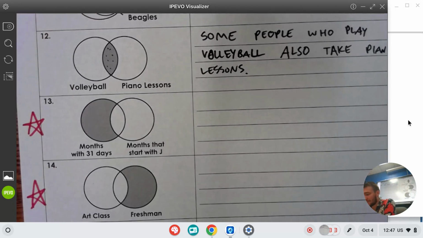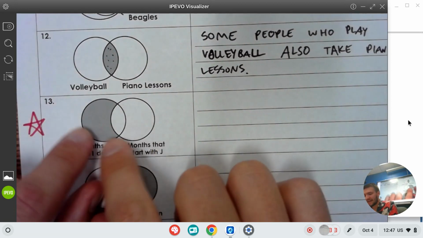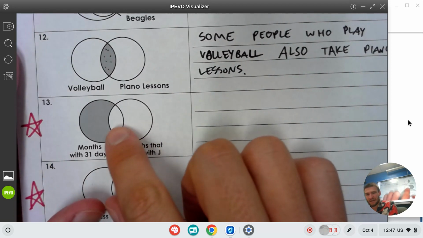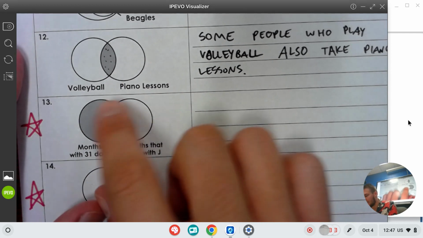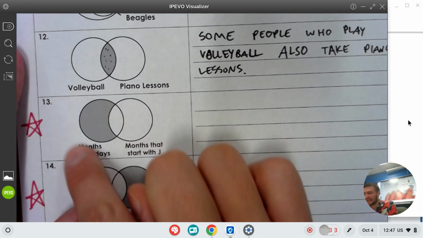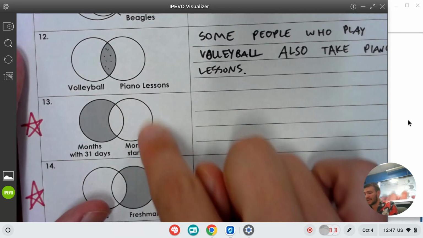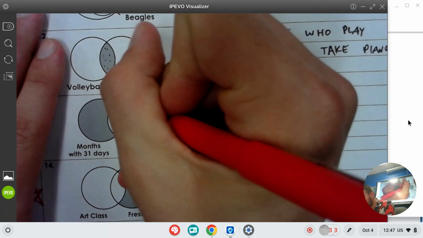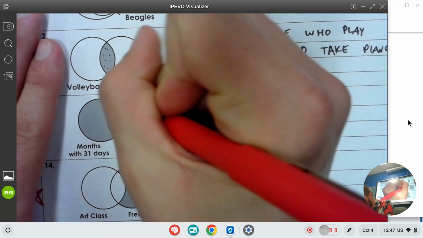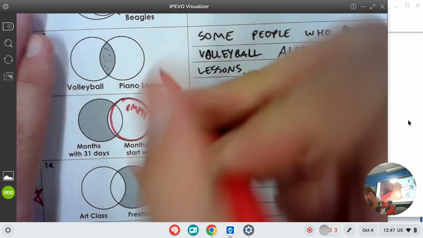For 13 and 14, you want to think of it where we have a very picky amount of stuff concluded here. We have only the 31 months with 31 days included, and nothing that has to do with months that start with J is circled, right? All of this is empty. All of this is uncolored, okay?